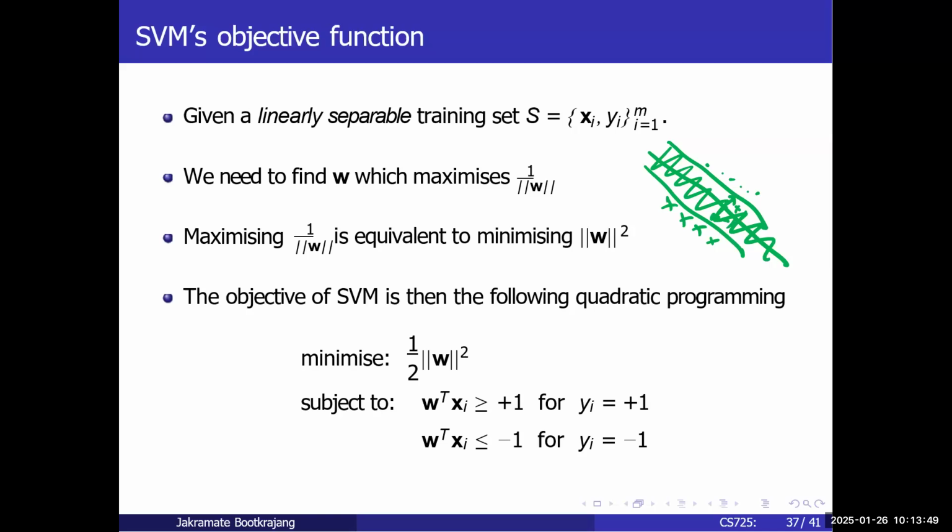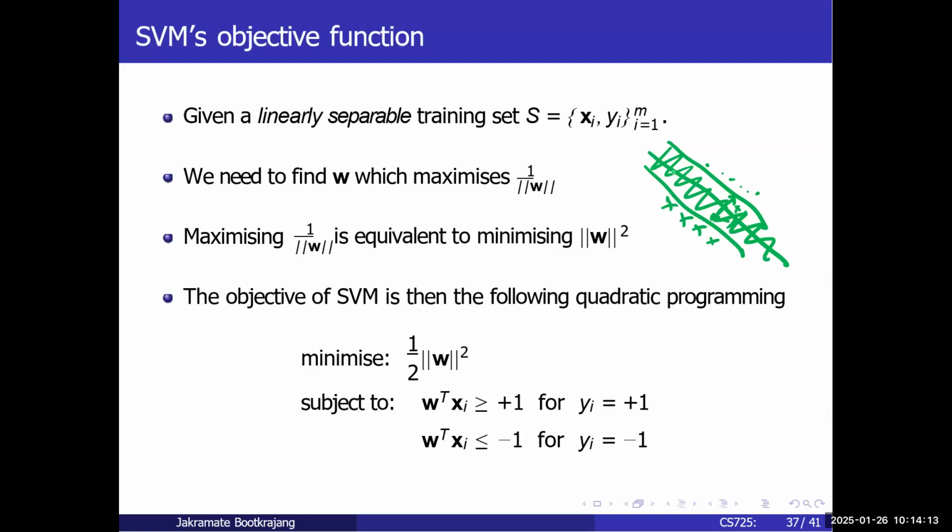And what we want is we want to increase the size of this band as much as possible, right? We want to push the point further away from the decision boundary, because the further we push apart, the more confident we are about making the prediction, right?